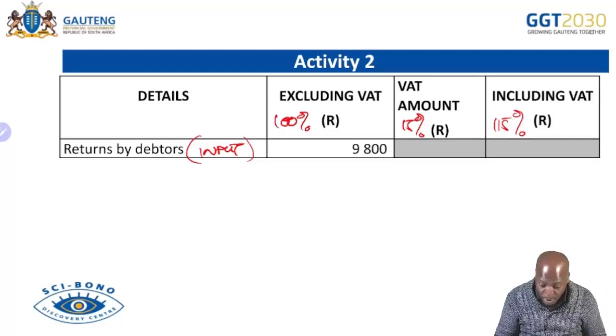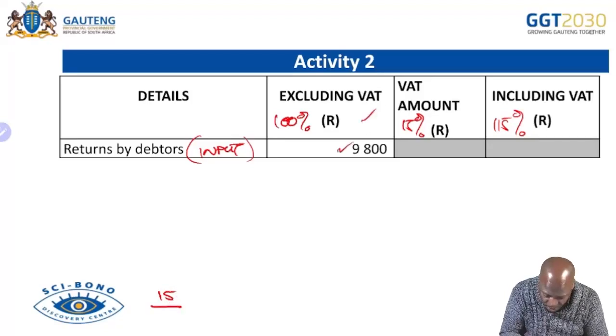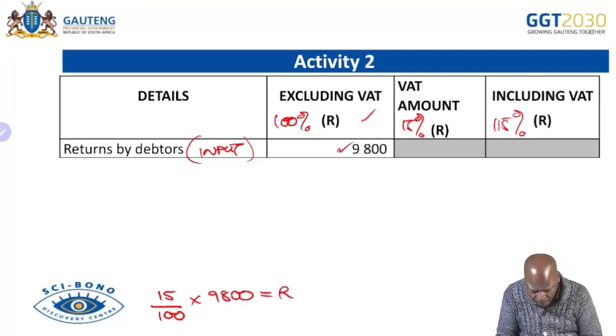So what I want is my 15. I have 100, and my have is also 9,800 rands. Then please quickly punch that in the calculator.